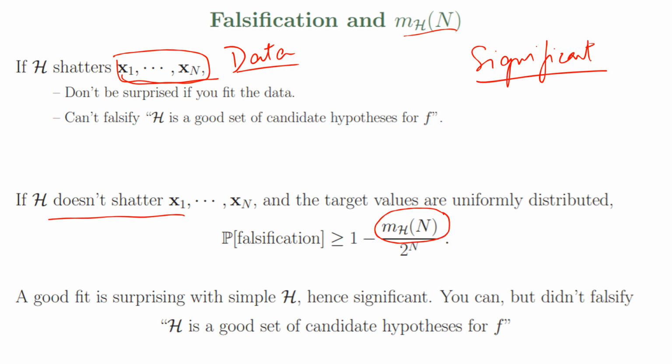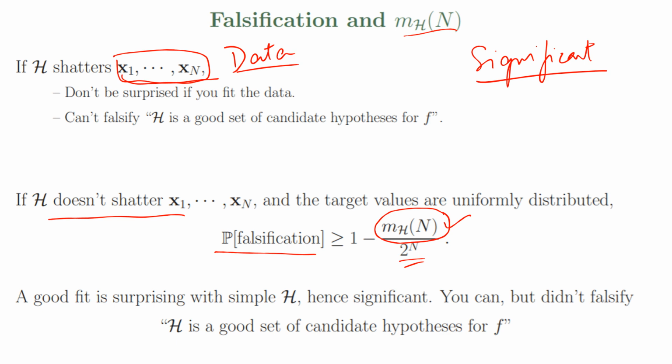So maybe this M sub H of n, the number of dichotomies H can implement, is not that complex, right? So the probability that H can implement these dichotomies is M sub H of n divided by the total number, right? And the probability of falsification is going to be 1 minus that.